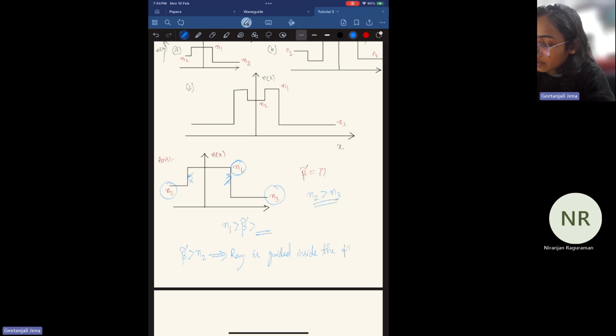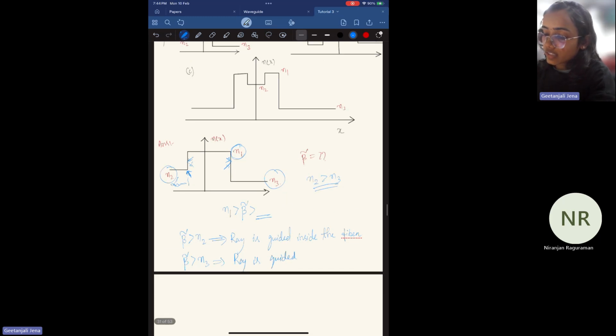Inside the fiber. But if you take beta tilde greater than N3, this also means the ray is guided. But if you consider this interface, here beta tilde is not greater than N2. So that means there will be a guided mode here also.